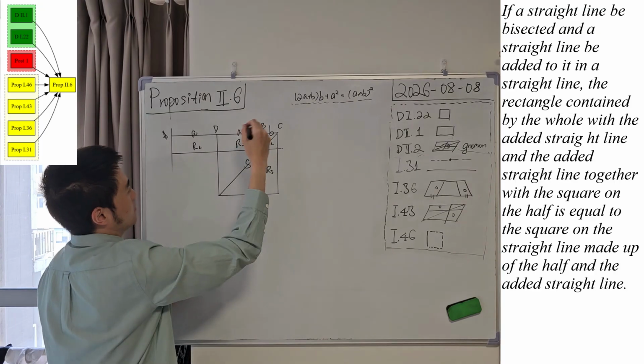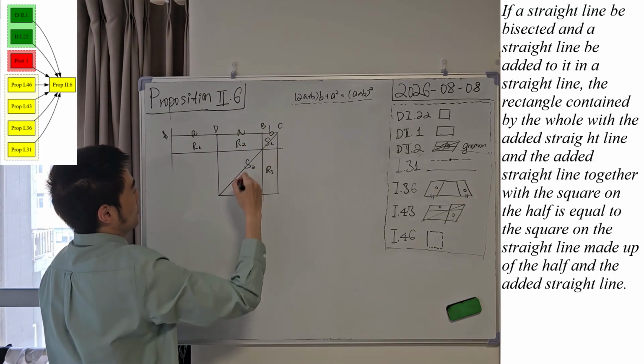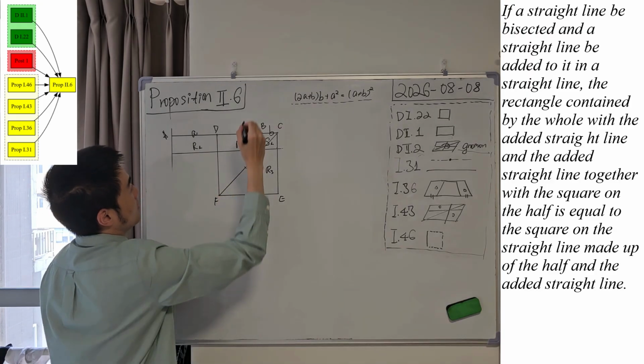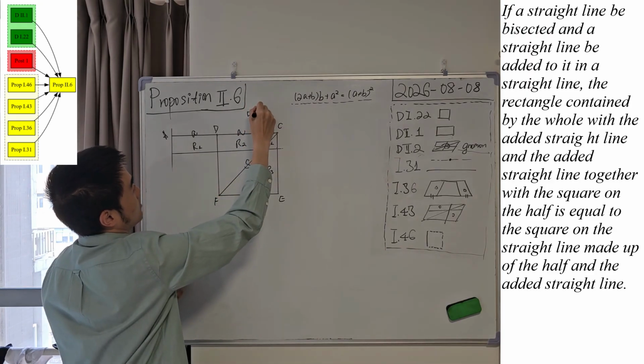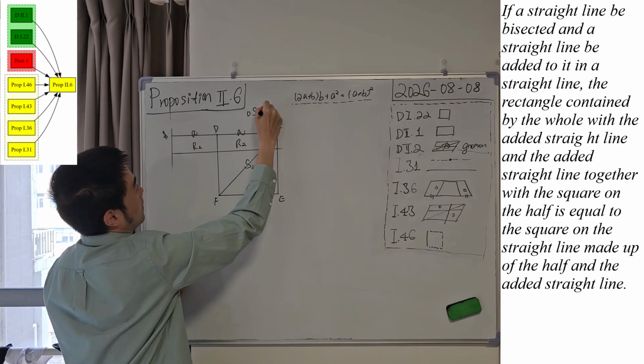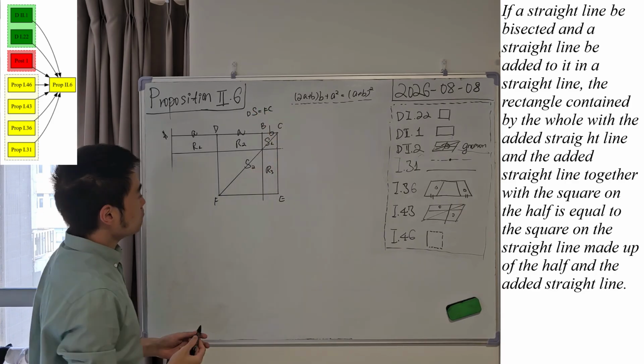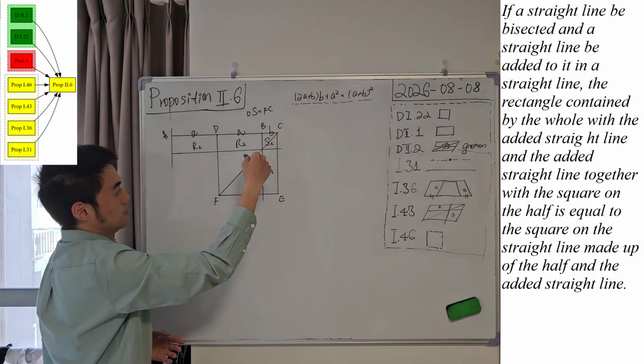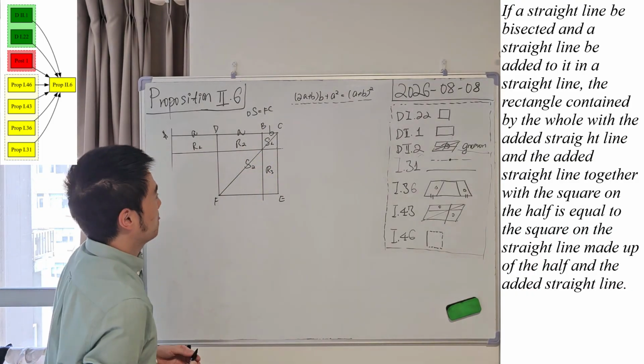Okay, and let's just write the whole square as A, B, C, E, F. Let's say square S is FC. So we will just skip the proof steps of these rectangles and squares.